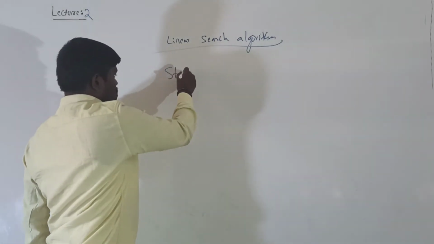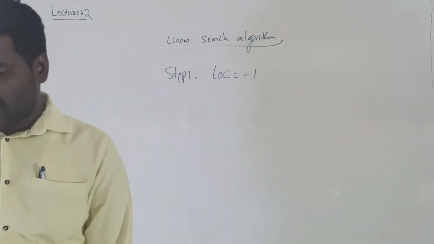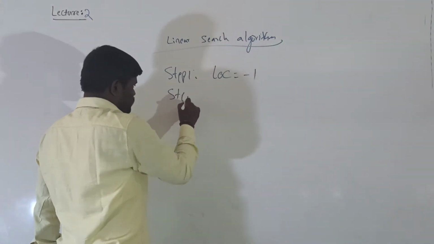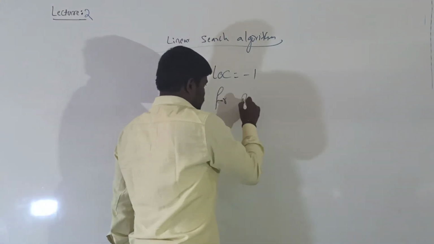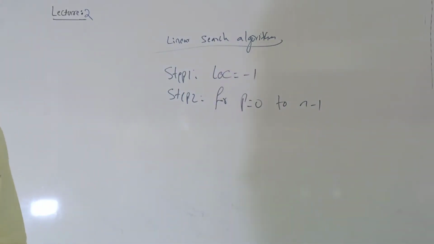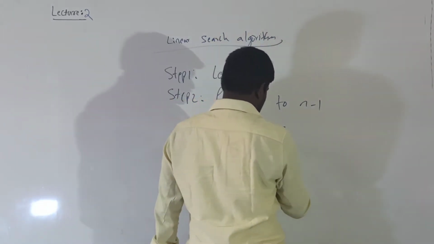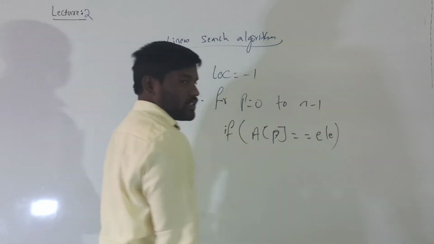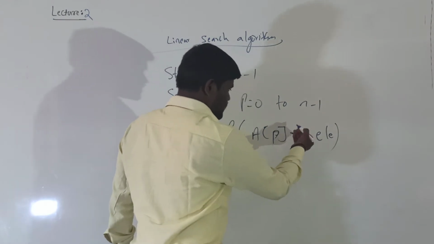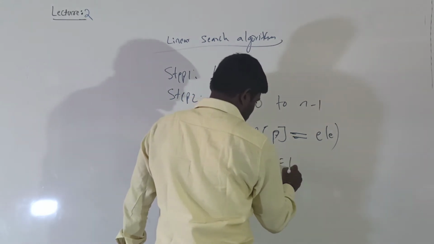Step 1: location = -1. Initially I take location equal to -1. Step 2: for p = 0 to n-1, if A[p] = element, one can write only one equal sign, no problem, because this is an algorithm. Then location = p.